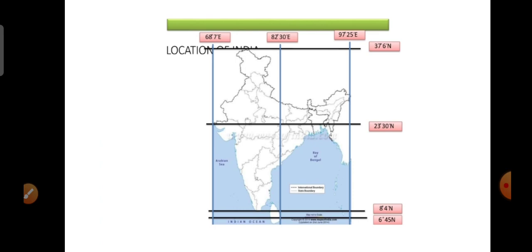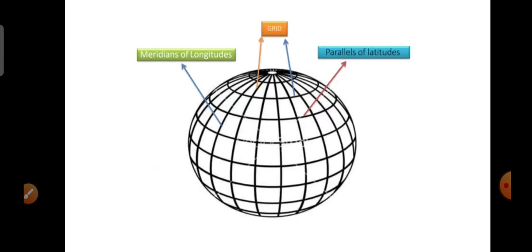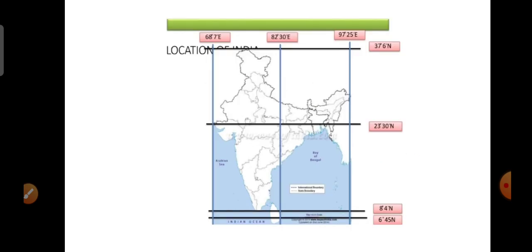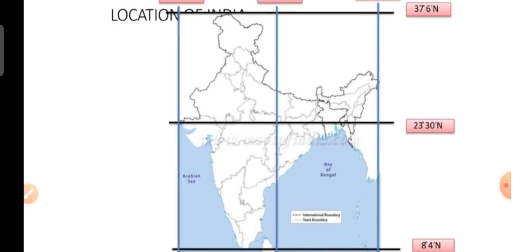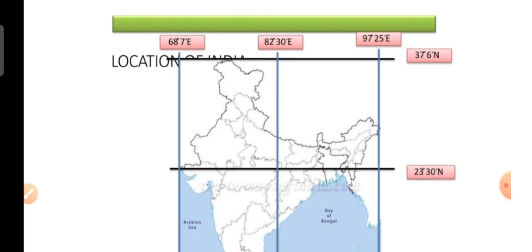As we had discussed in the beginning, there are many latitudes and longitudes which are passing through the earth. So obviously India is lying on the earth, so there are certain latitudes and longitudes which we have to remember. The major latitudes and longitudes passing through India: the easternmost longitude, towards Arunachal Pradesh, is 97 degree 25 minutes east.